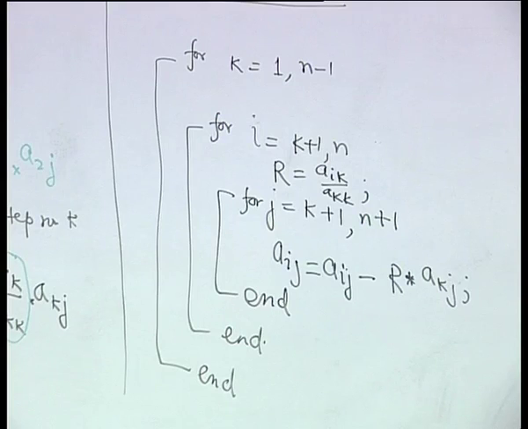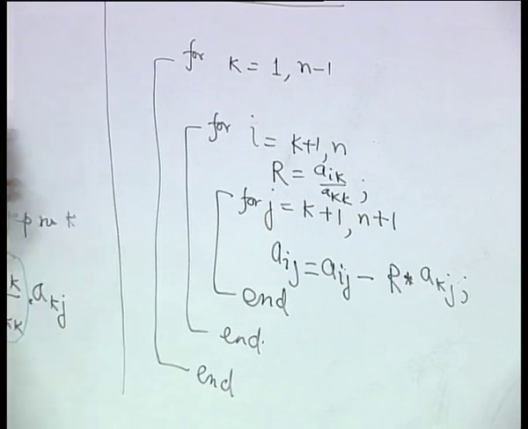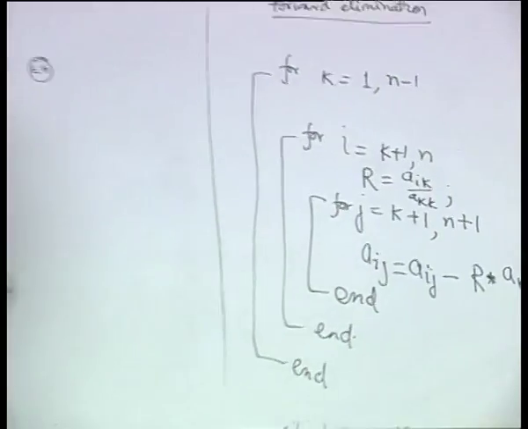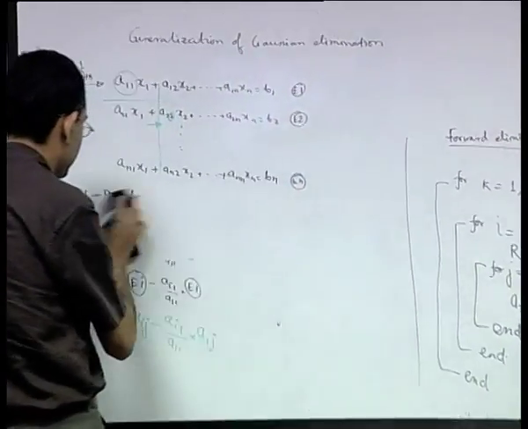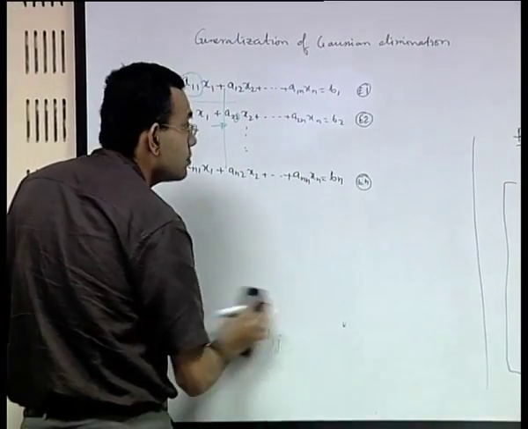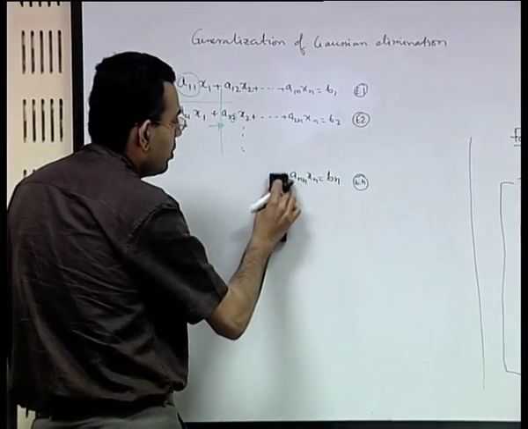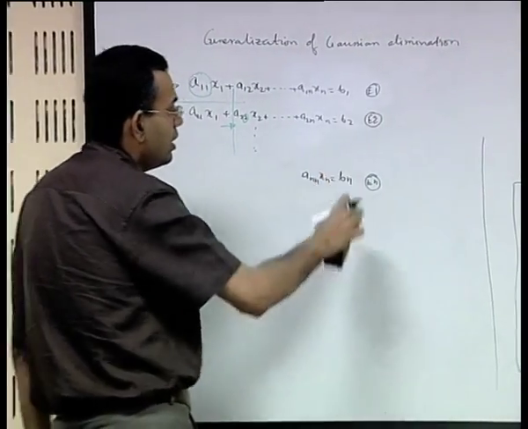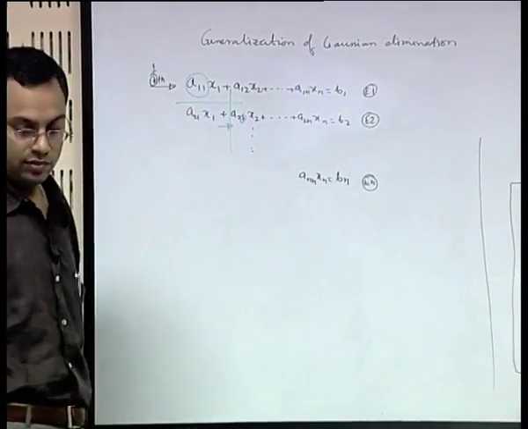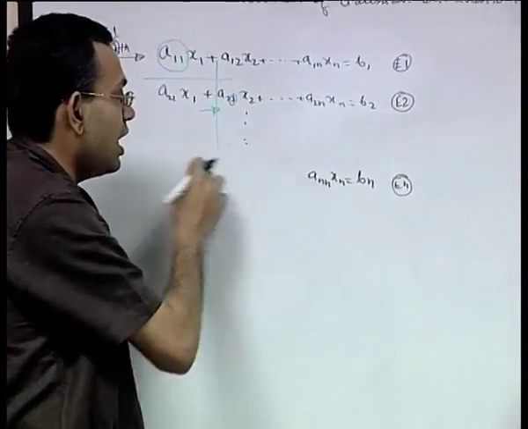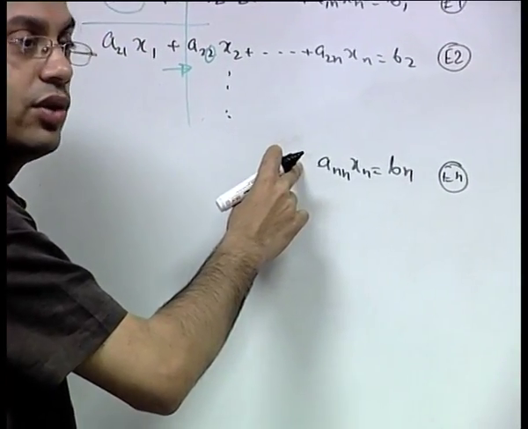At the end of the forward elimination we expect what will be the form of the system of equations? At the end of the forward elimination you have ann xn equal to bn, because all other a's in this row have been made 0.